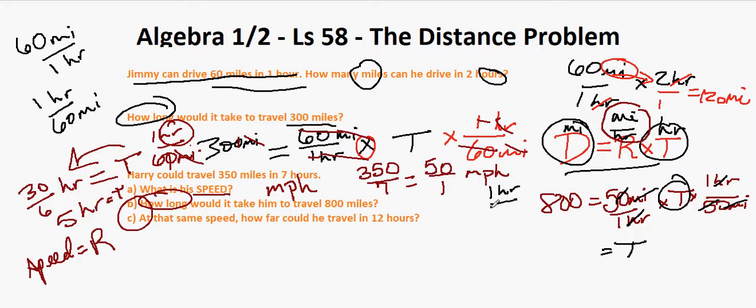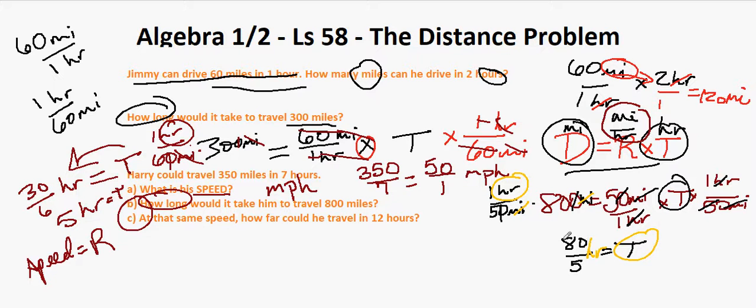Remember this? 800 over 50, cancel our 0, so it's just 80 over 5. What's our label? This should have been labeled miles. Sorry about that. So we cancel our miles. We got hours left over. So that's our label. And that makes sense for time, right?